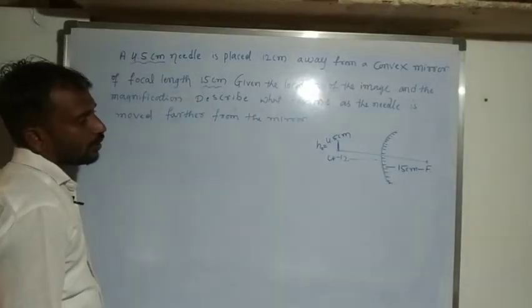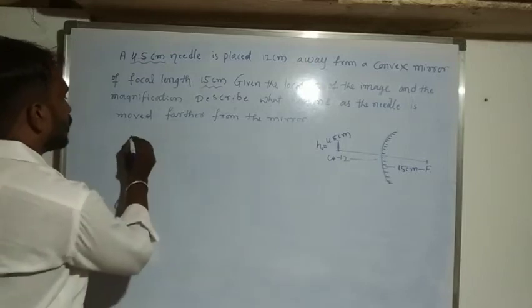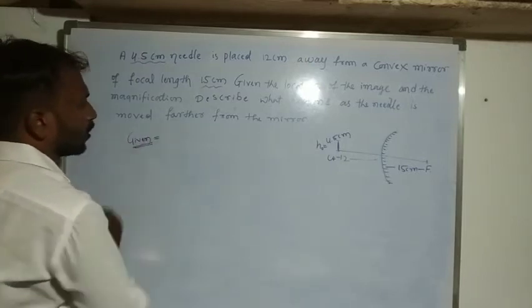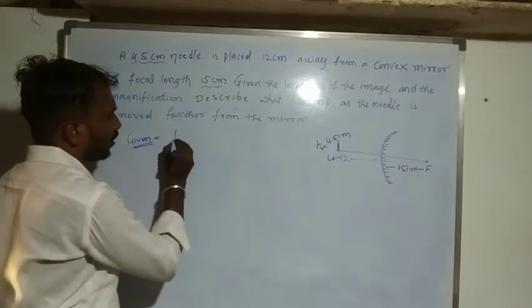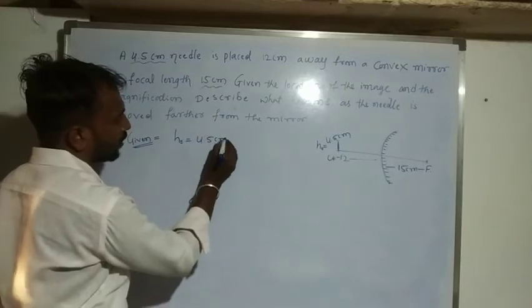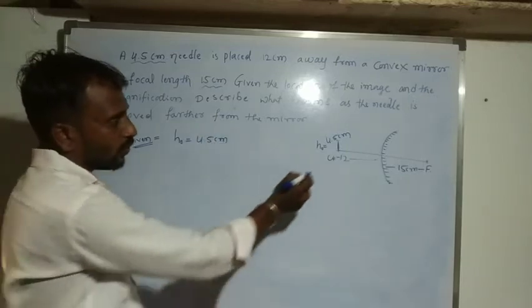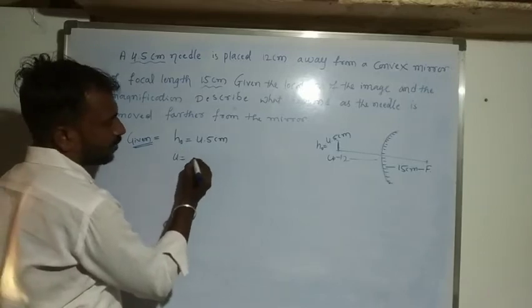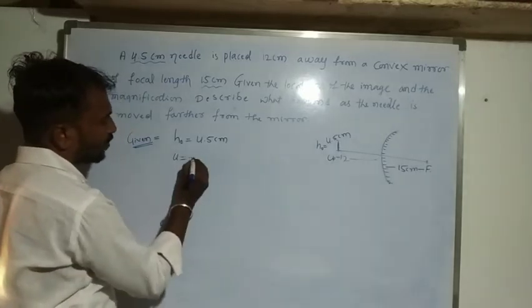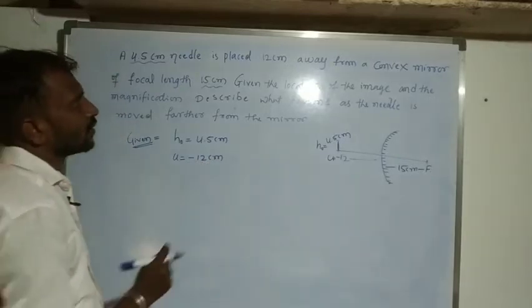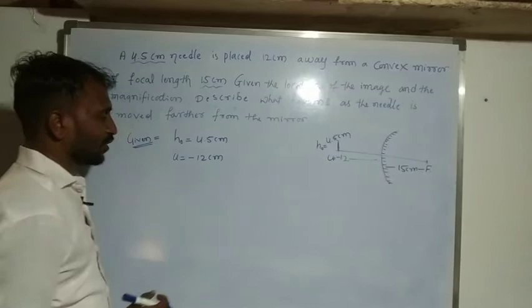Okay, so here given data: first one is height of object is 4.5 centimeter, and object distance, minus 12 centimeter.